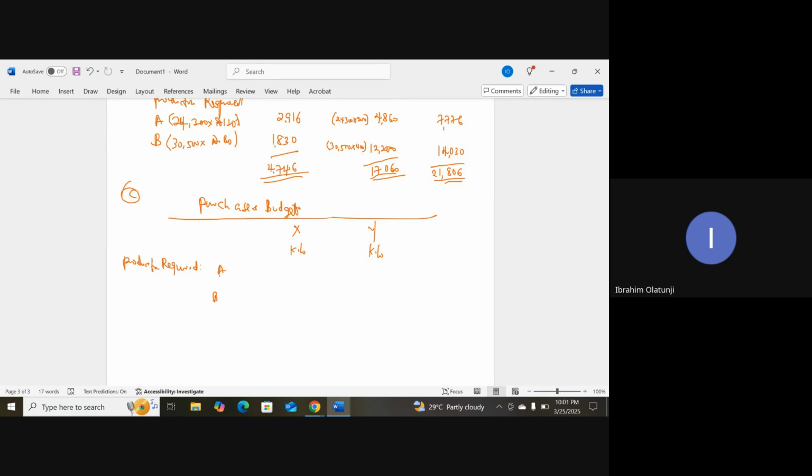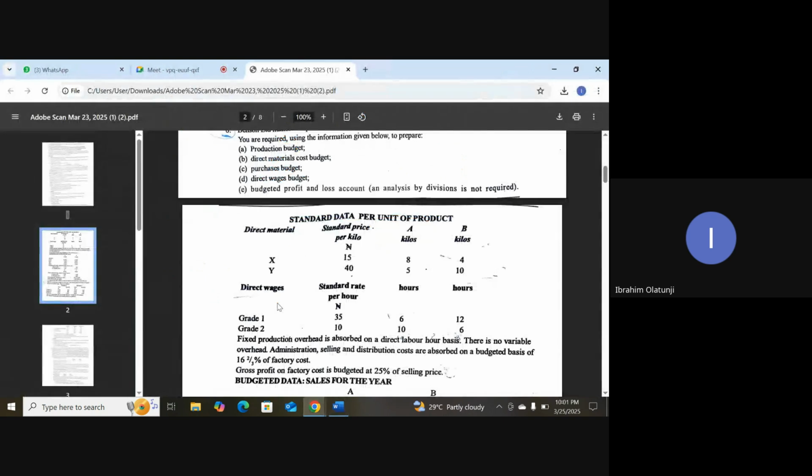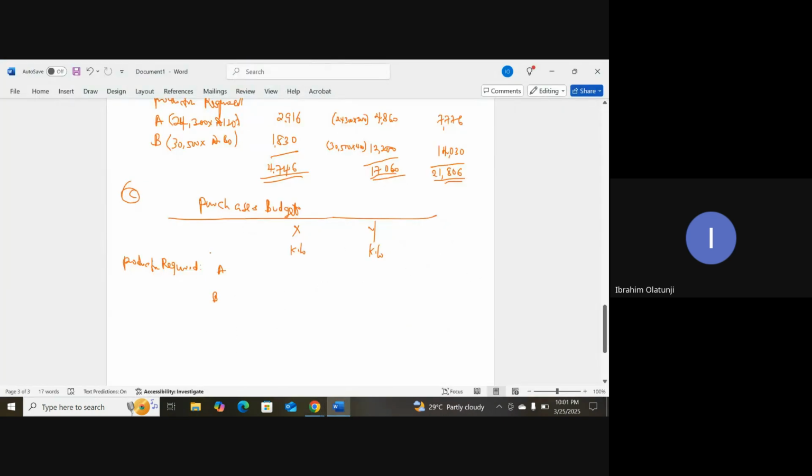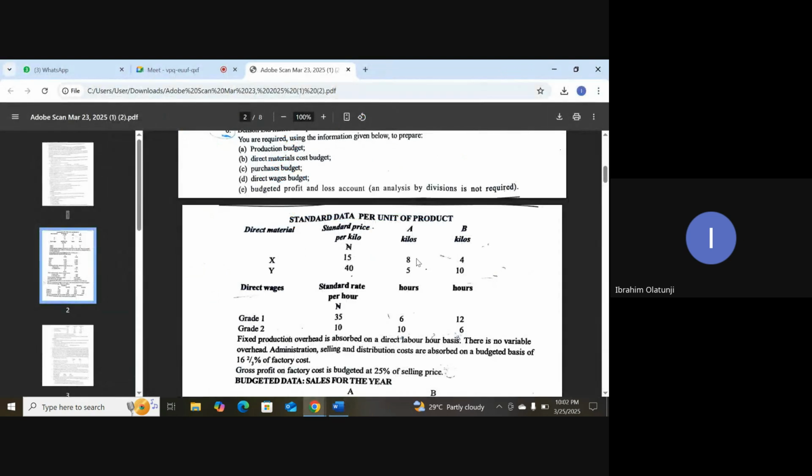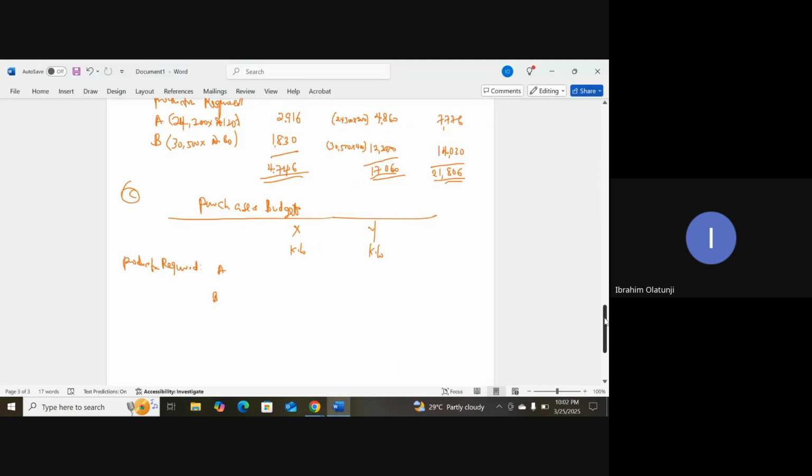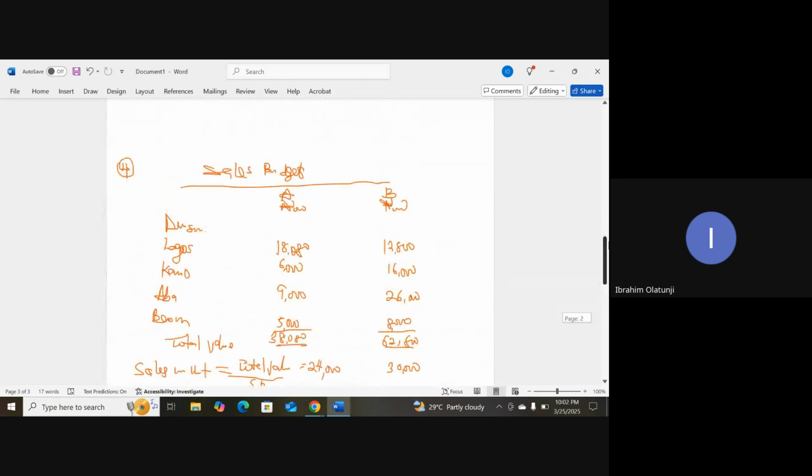If this one is 8 kilo under A, and 4 kilo under B, then we can use our calculator to calculate that. 8 kilo under S multiplied by the production required.